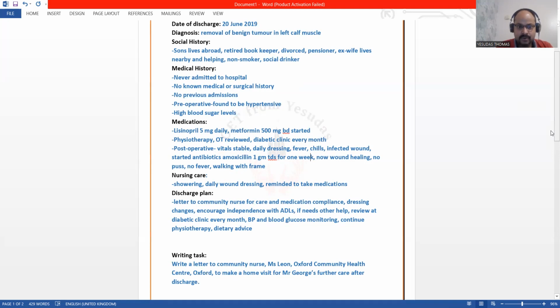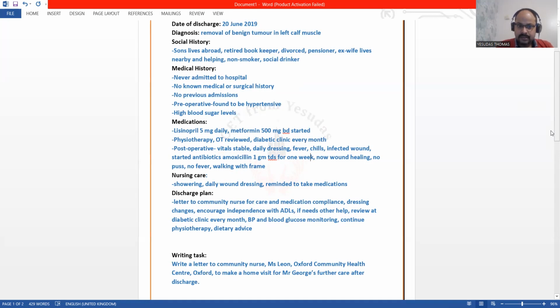Now the wound is healing, no pus, no fever, walking with frame. So the course of the antibiotic is over. So he is good now. He is walking with frame.